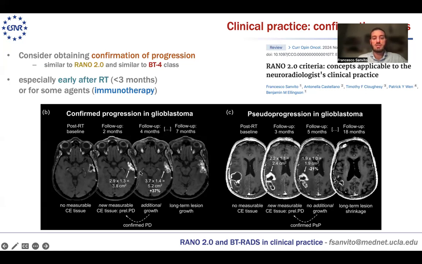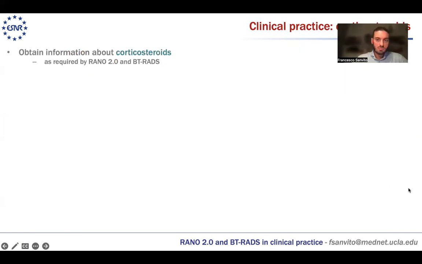Maybe we can wait to see if the tumor grows again, and only then we call a confirmed progression, and we suggest that the patient has to change treatments and change management. Whereas in other cases, you may see a growth that then stabilizes and shrinks back. In this case, it was a good thing that the patient was maintained under the same treatment because the lesion shrunk back autonomously.